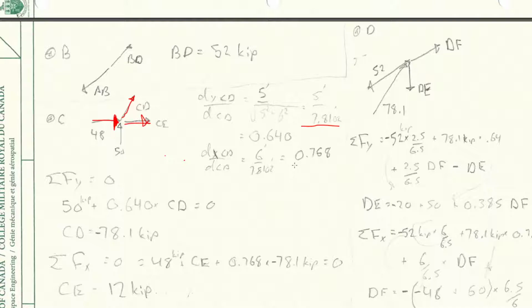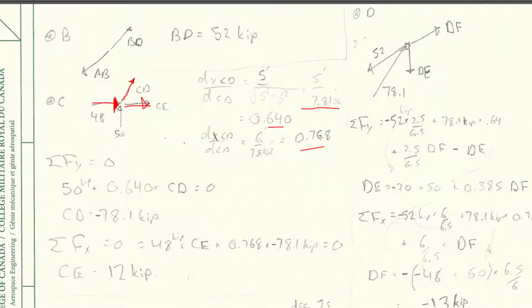The y portion of its unit vector is 0.640. The x portion of its unit vector is 0.768, and so we can use those to solve for our equilibrium conditions at this joint.